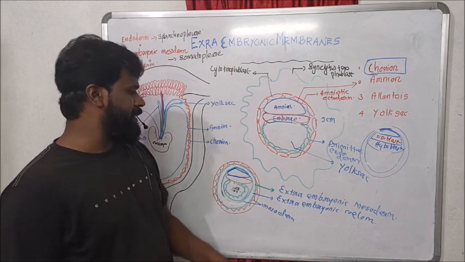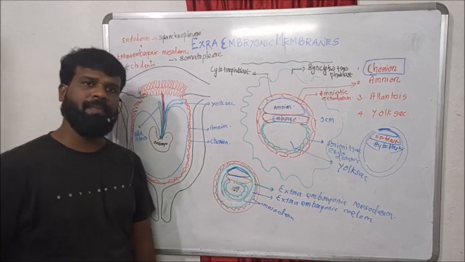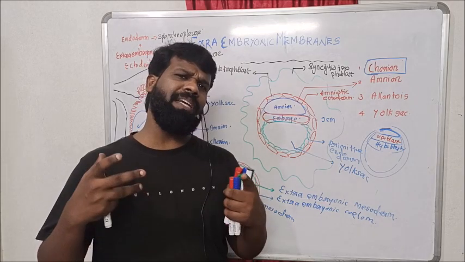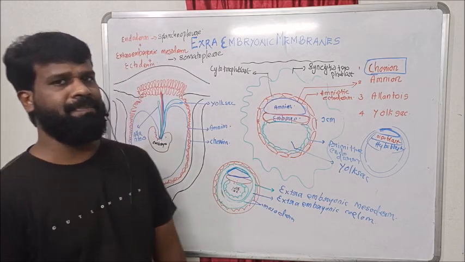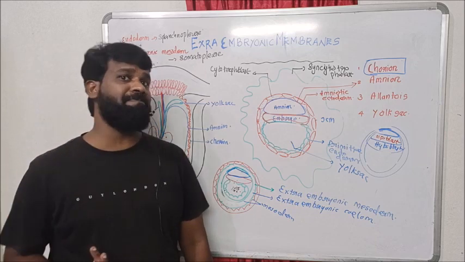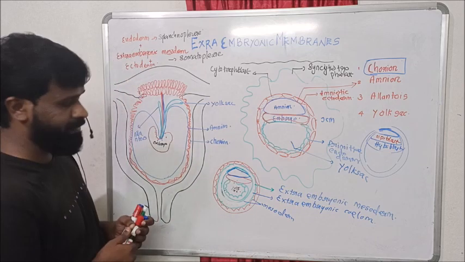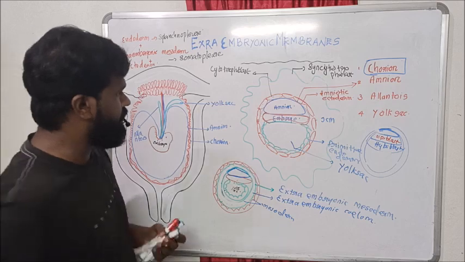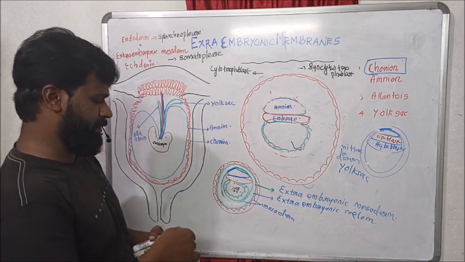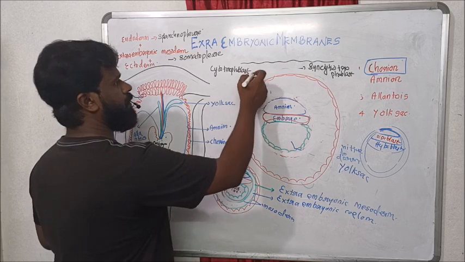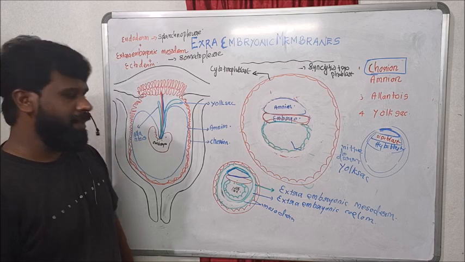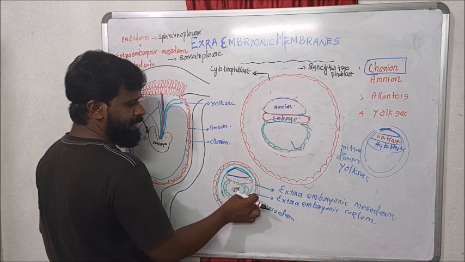See, this is the extraembryonic coelom. From this stage, this extraembryonic coelom expands. What happened? See here, this is the cytotrophoblast, and this is the extraembryonic coelom.